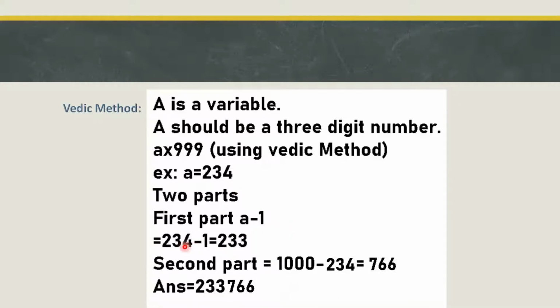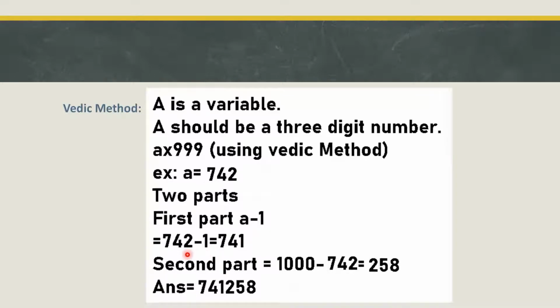In any problem of 999 into anything, the first part is that number minus 1. 742 minus 1 is 741. The second part is 1000 minus 742, that's 258. So 741, 258.